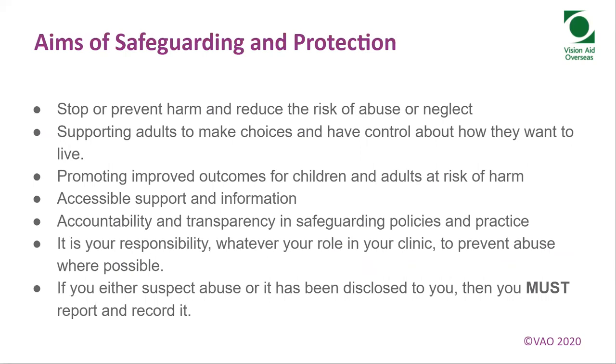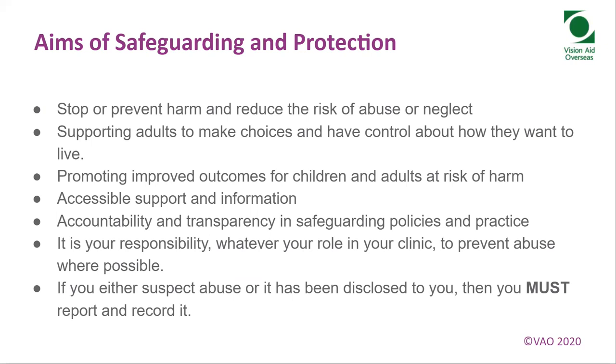The aims of safeguarding and protection are to stop or prevent harm and reduce the risk of abuse or neglect, to support adults to make choices and have control about how they want to live, to promote improved outcomes for children and adults at risk of harm, to offer accessible support and information, to demonstrate accountability and transparency in safeguarding policies and practice.